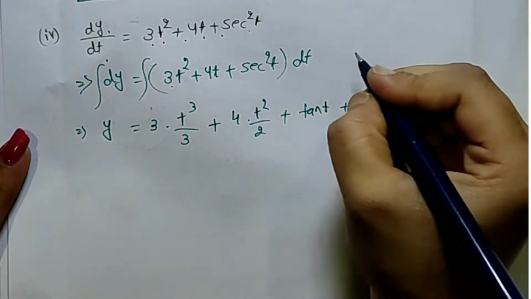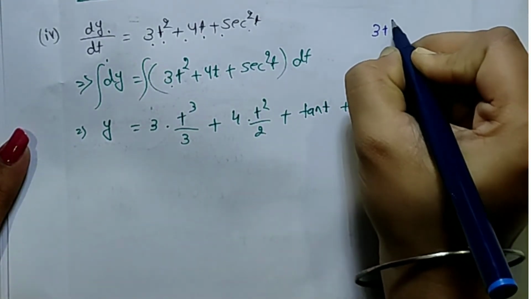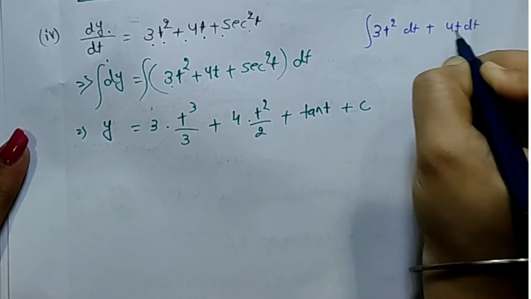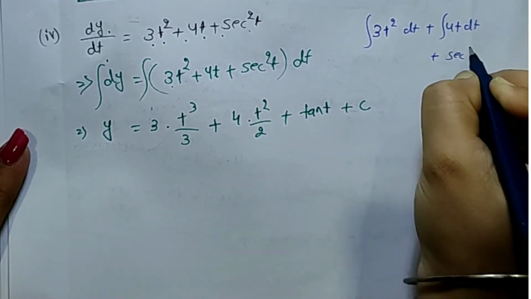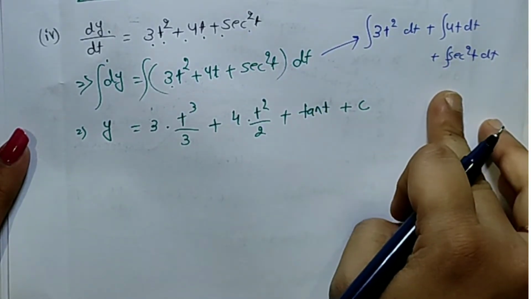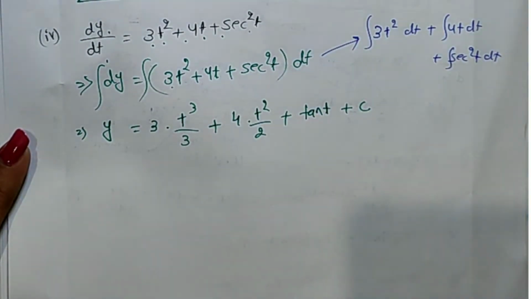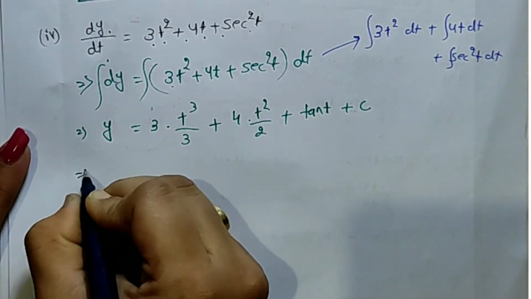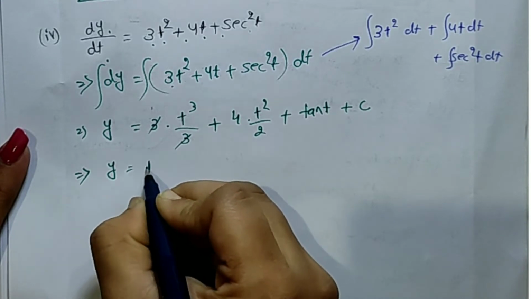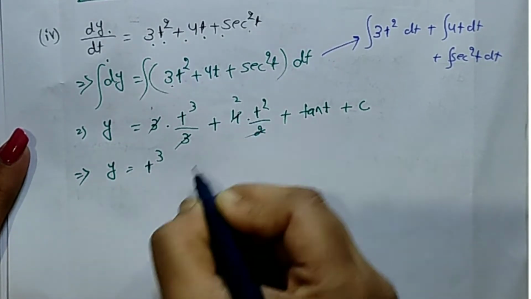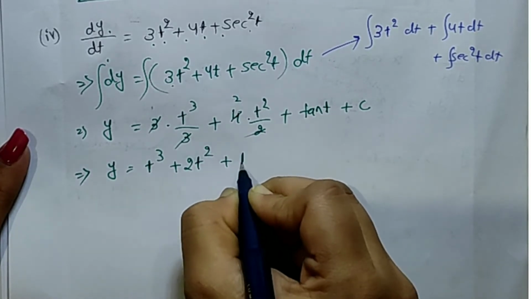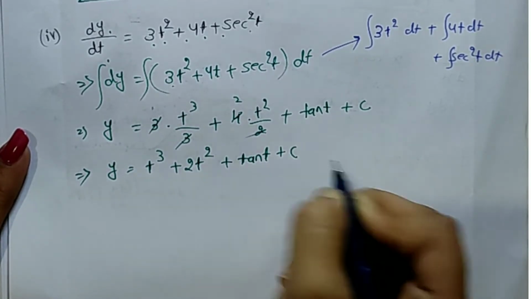Because 3t square dt integration plus 4t dt integration plus sec square t dt integration. I can write this way or not? Okay. Now which implies y is equal to this 3 is cancelled out, so this is t cube, 2 2s are 4, plus 2t square plus tan t plus c.